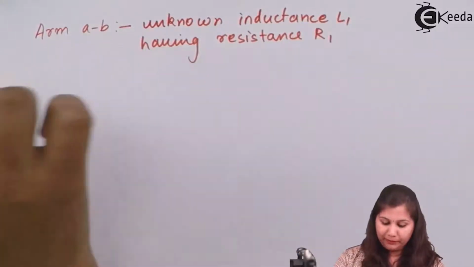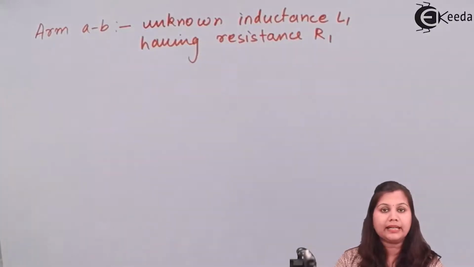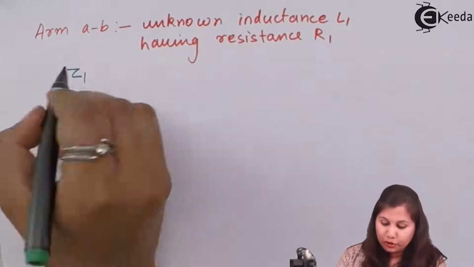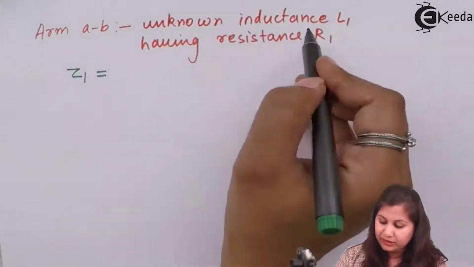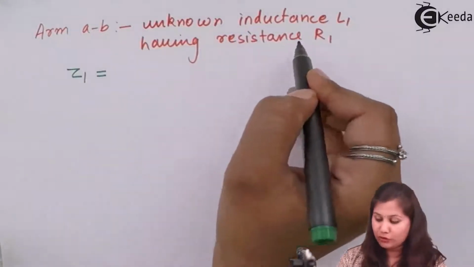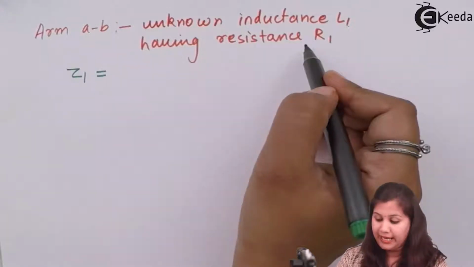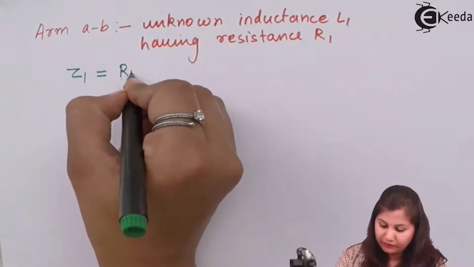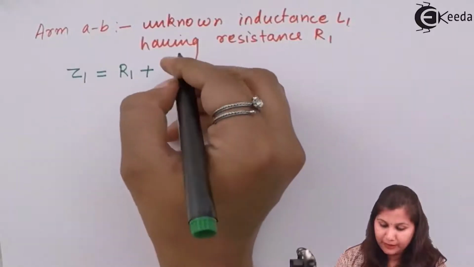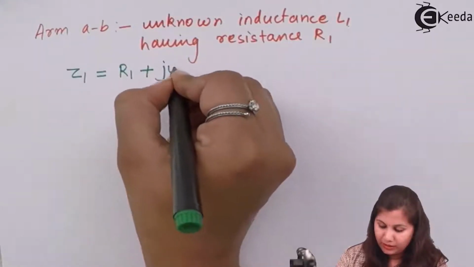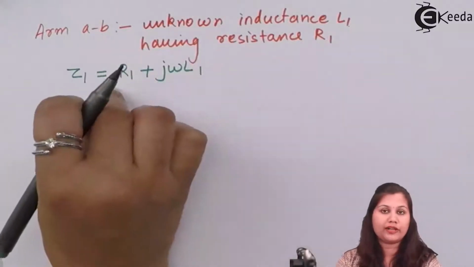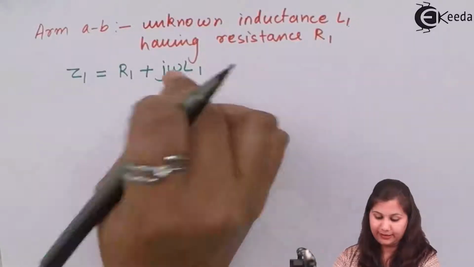This arm AB has the impedance Z1, which will be the equivalent impedance of L1 and R1. As they are connected in series, Z1 will be equal to R1 plus j omega L1, a series combination of a resistance and an inductance.